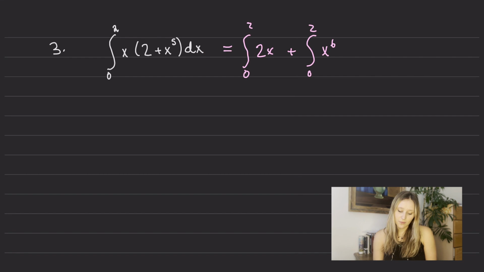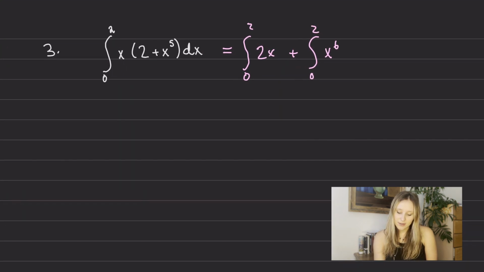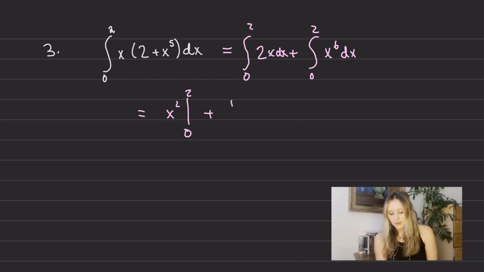Of course, we have a dx here. Then we're going to evaluate both of these. The integral of 2x is going to be x squared, as we did in 2 problems ago. So we get x squared evaluated at 2 and 0 plus 1/7 x to the 7th evaluated at 2 and 0.